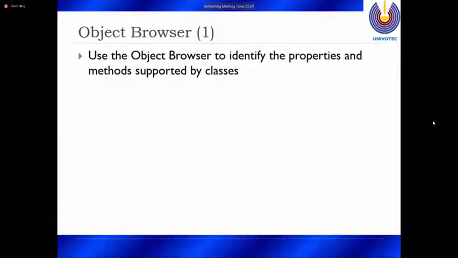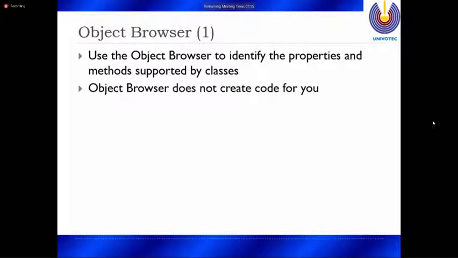Now use the object browser to identify the properties and methods supported by the classes. What are the objects you are going to use? Then you can identify the properties and methods supported by the classes. The object browser does not create code for you, but it is helpful for typing the code.